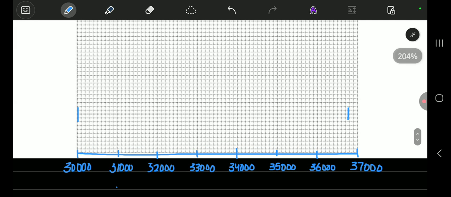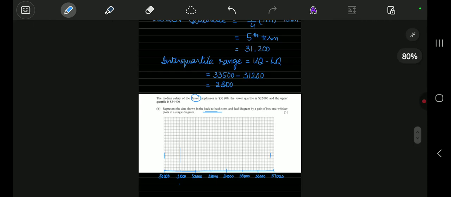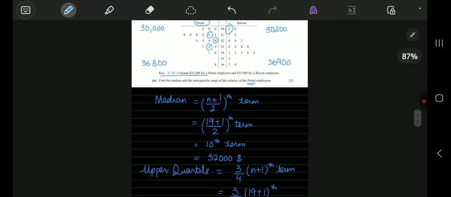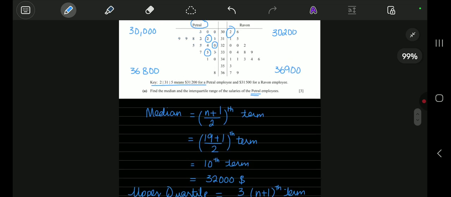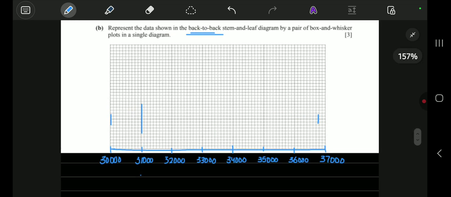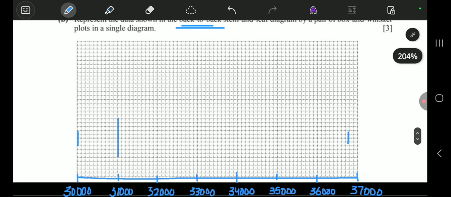So this is the 31,200 line, then, sorry, 33,500. Yeah, upper quartile is 33,500 till here.